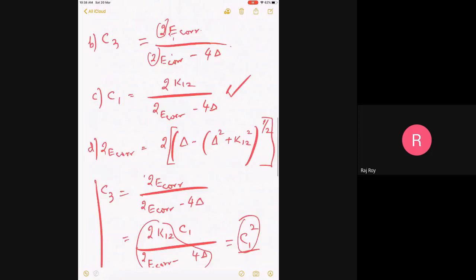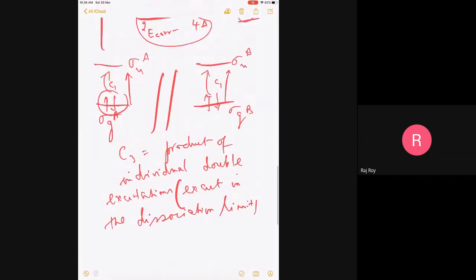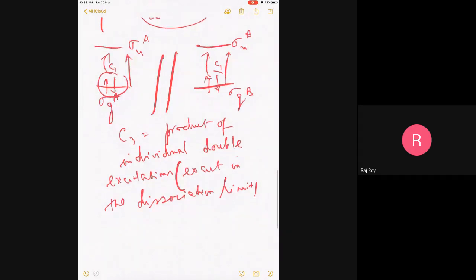And that's a very interesting realization. And I told you that the four-body excitation does not necessarily take place with all four going together, because the chances of all four coming together is very small because of the Pauli principle and the two-particle nature of the Hamiltonian. So in the case of the dissociation limit, they are exactly product.